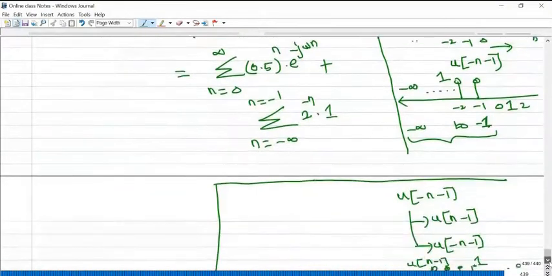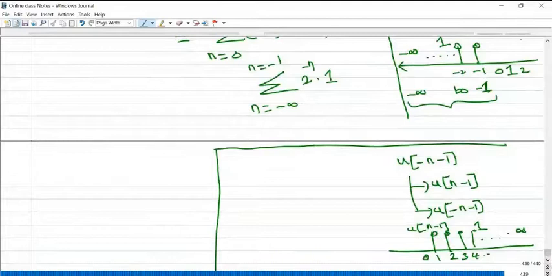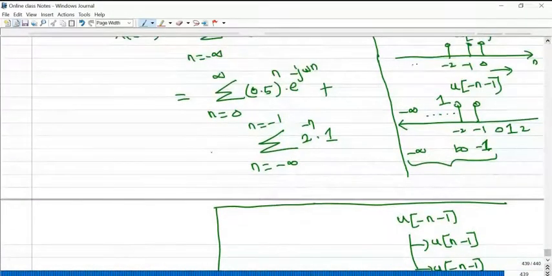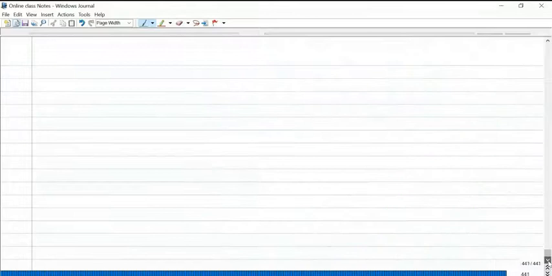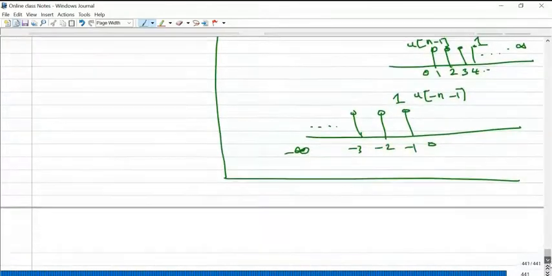Like this. Now try to solve this problem. First term, 0 to infinite a power n. Okay, we may apply the 1 divided by 1 minus a formula because a is less than 1 only. But second term, minus infinite to minus 1. So we don't have any formula for minus infinite to minus 1. So how to solve it?